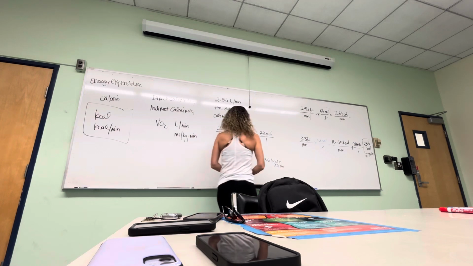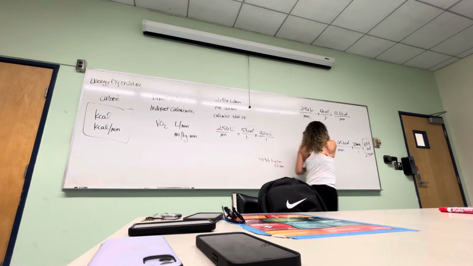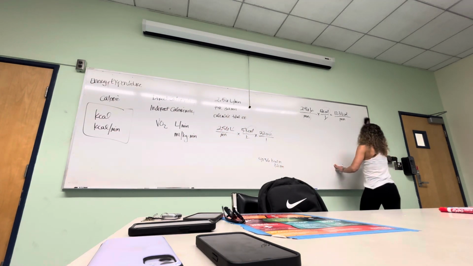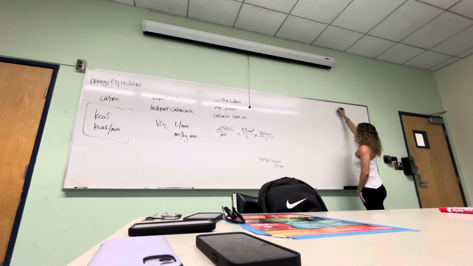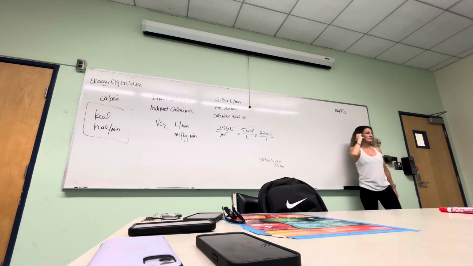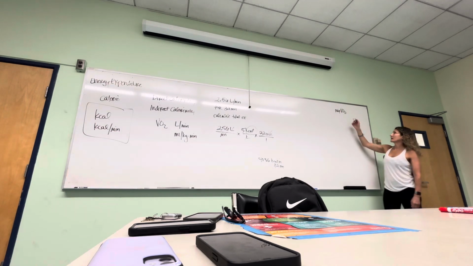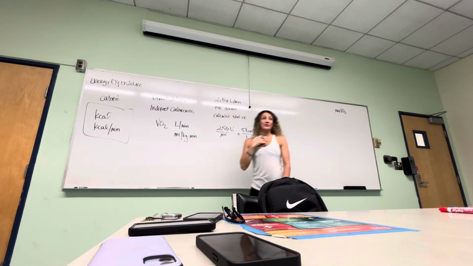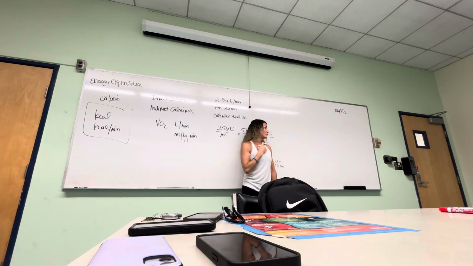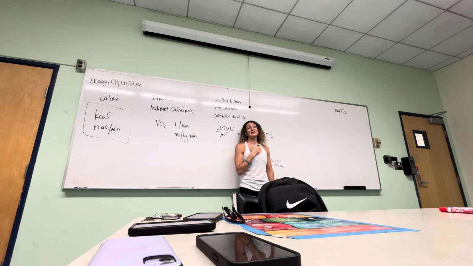Okay, now we're talking about oxygen consumption. You have a max oxygen consumption. Actually, we call it VO2 max, not max VO2, but either way. Do you have me for lab? We've talked about it in lab. If you don't have me for lab, have you talked about it in lab?